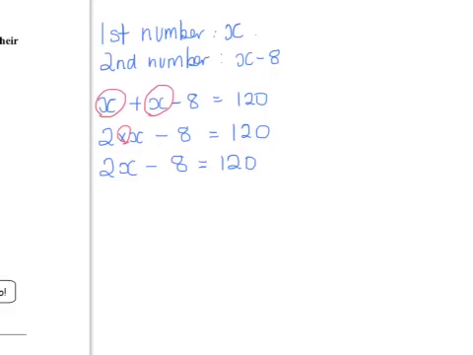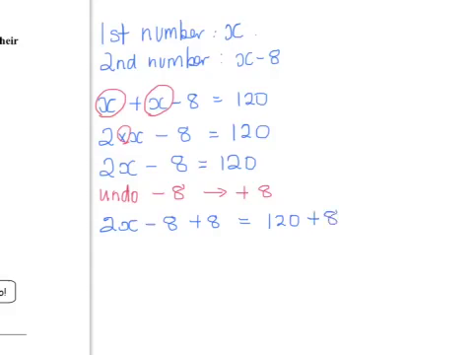So the first thing I'm going to do on both sides of the equation, I'm going to undo subtract 8 on the left-hand side and the right-hand side by adding 8 to both sides, so that the left-hand side becomes 2x minus 8 plus 8 equals 120 plus 8.